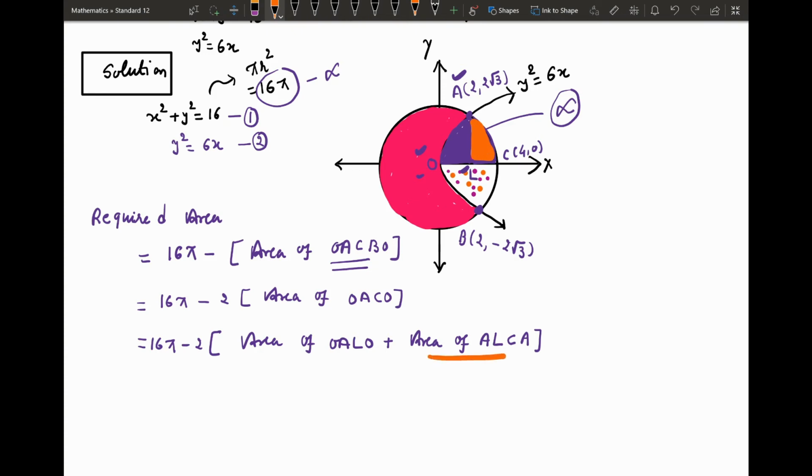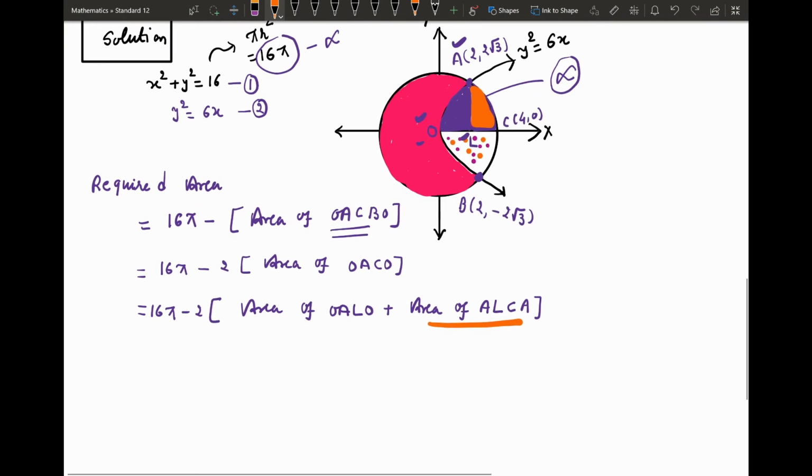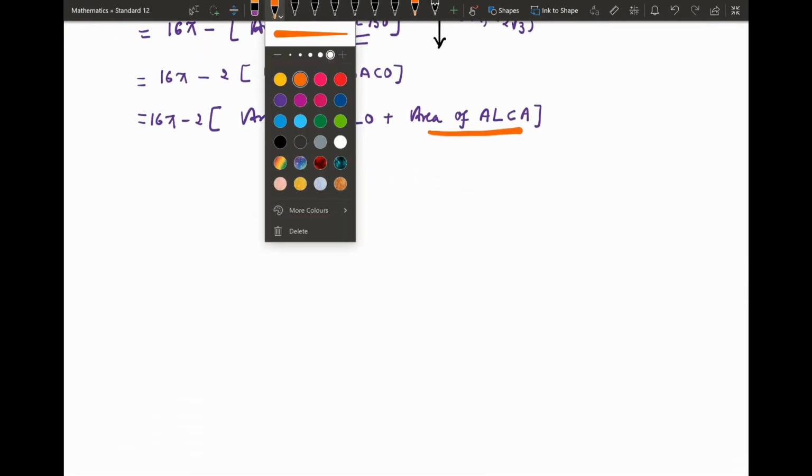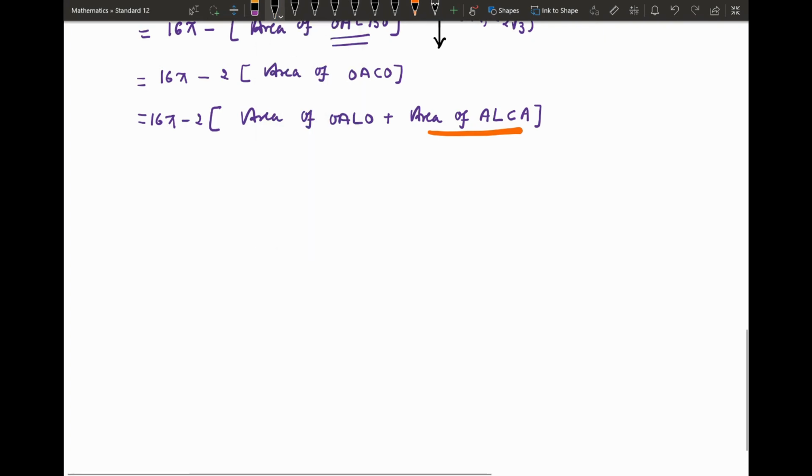This will give area of ALCA. Now we have already solved in the previous sum.